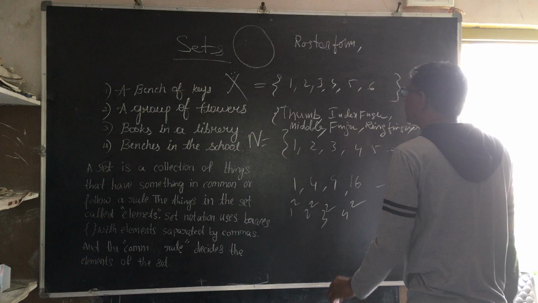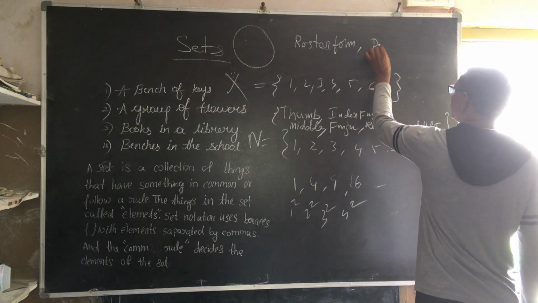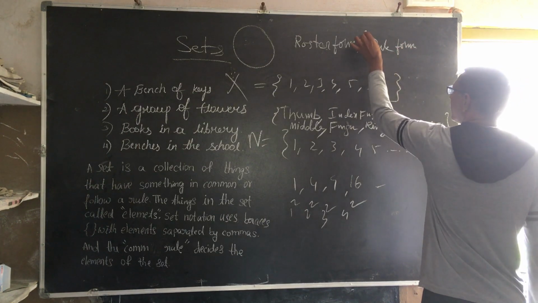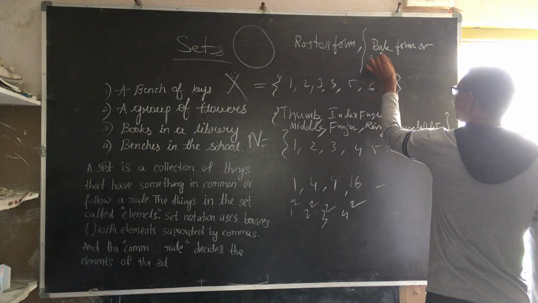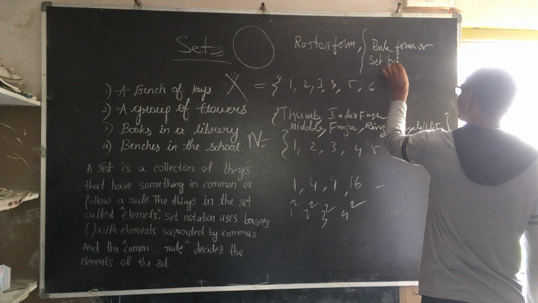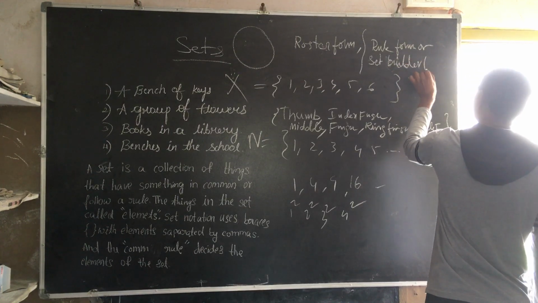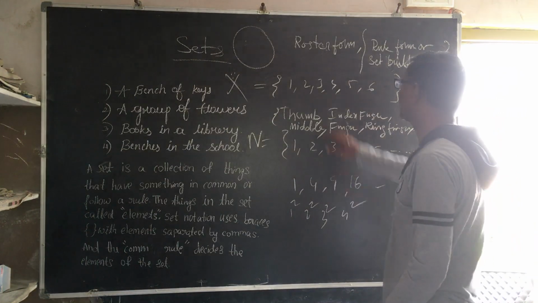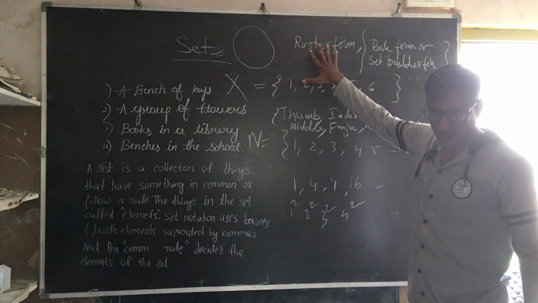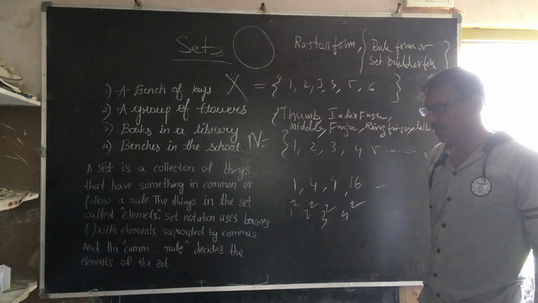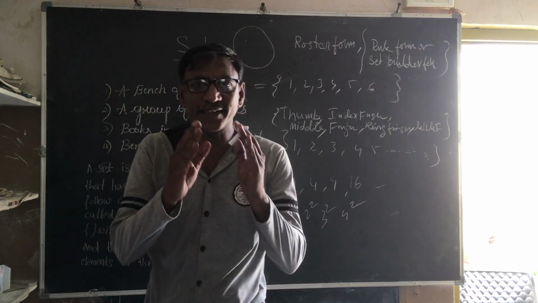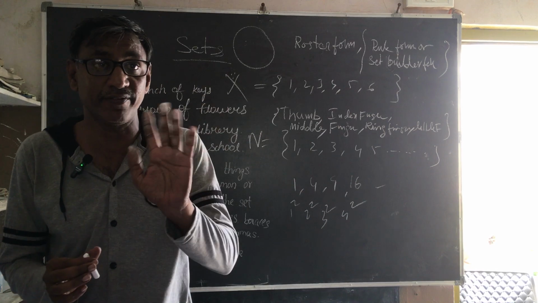The second one is rule form, or this is also called set builder form. A set is in the form of roster form or set builder form. So how can we understand what is a roster form, what is a set builder form? That is very, very clear.